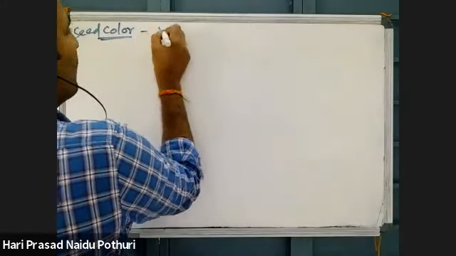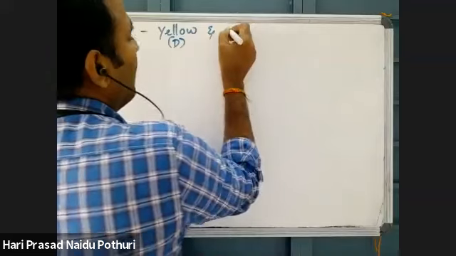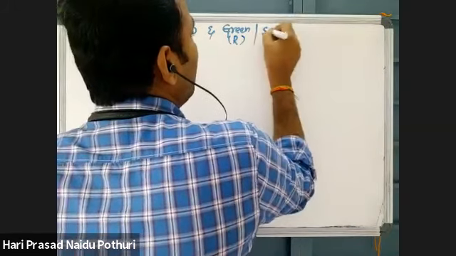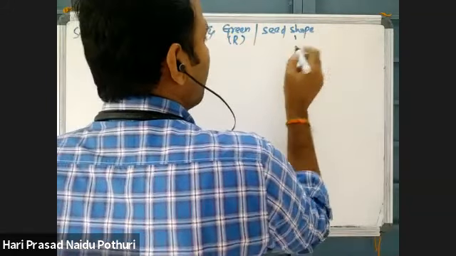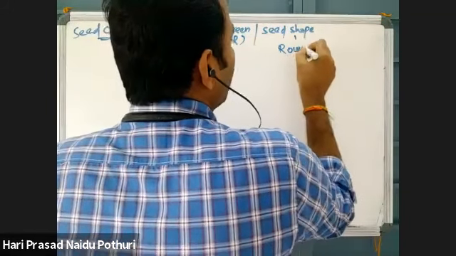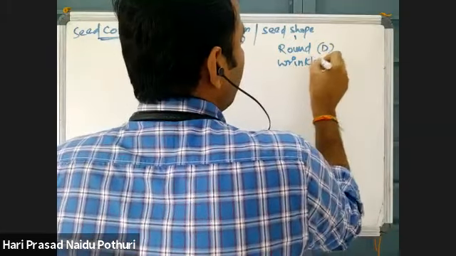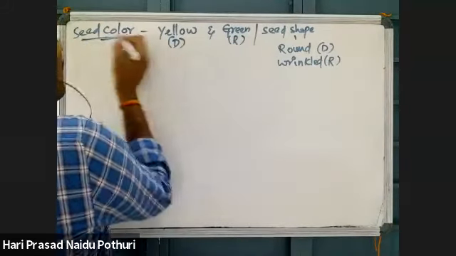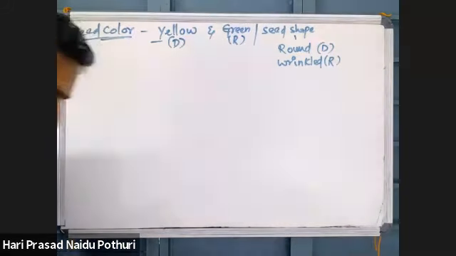Yellow seed color is dominant and green seed color is recessive. Seed shape round is dominant, and wrinkled is recessive. 2 plants he took which differ in seed color and seed shape.